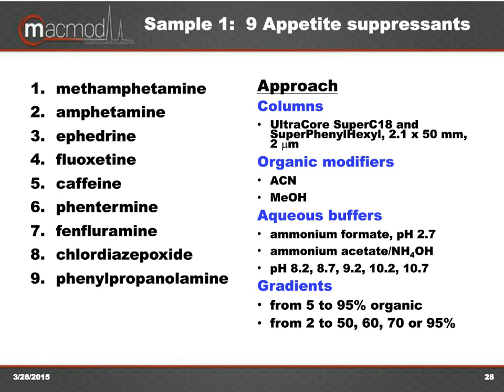As bases become more neutral in character at higher pH, they're retained more, and you need to go up to higher percent organic in order to elute them off. That's particularly true for methanol versus acetonitrile, as methanol is quite a bit weaker.